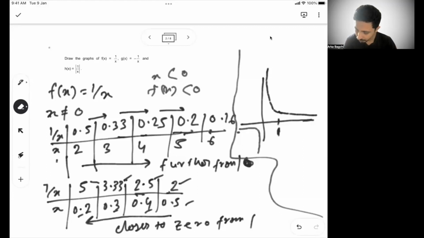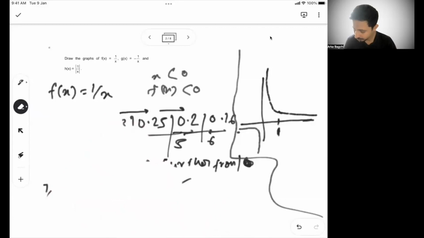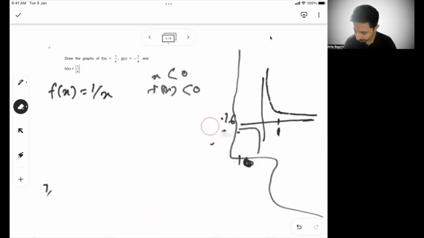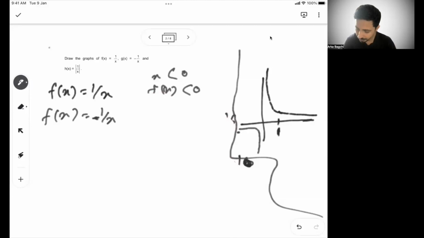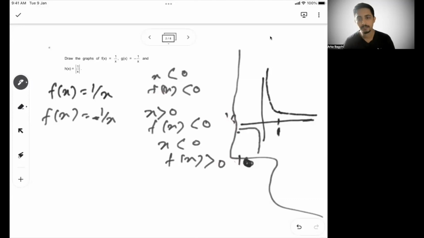Okay, now let's do the last second problem. I'm just going to remove this. What will happen if f(x) equals -1 by x? -1 by x means if x is greater than 0, your f(x) is less than 0, right? And similarly, if x is less than 0, your f(x) is going to be greater than 0, right?